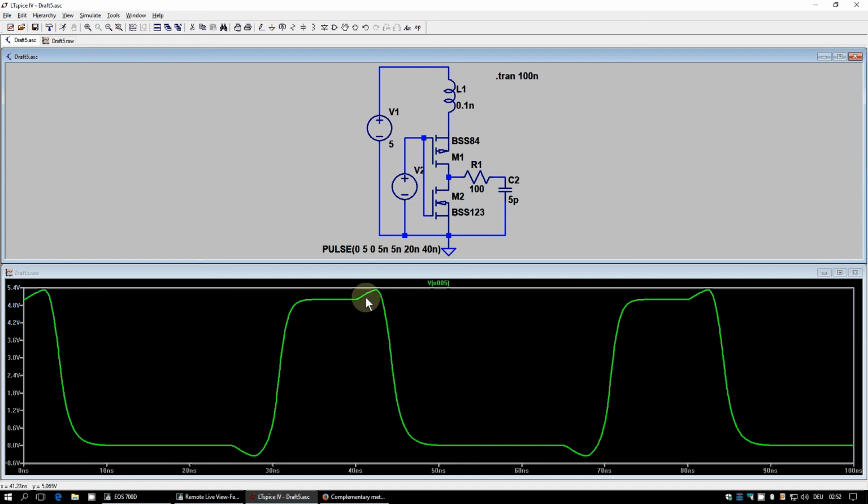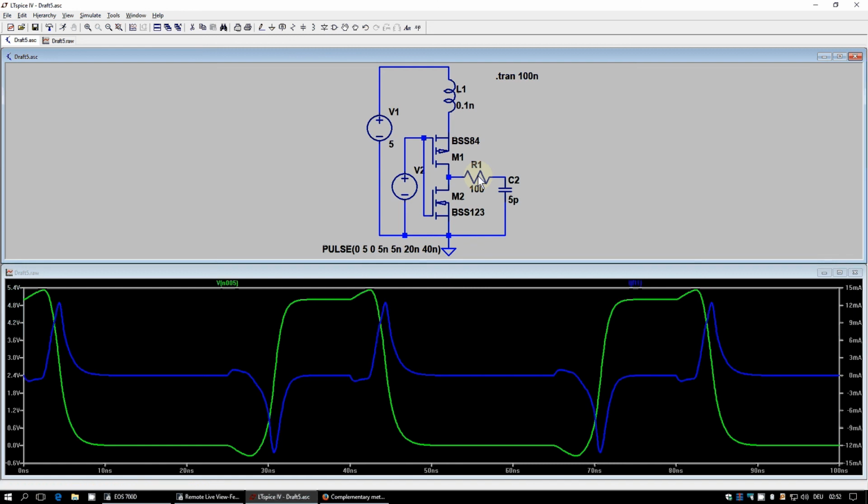We see a little bit of overshoot here and undershoot here. Part of that comes from the parasitic elements in the transistors, but mainly it's already from the inductance here.